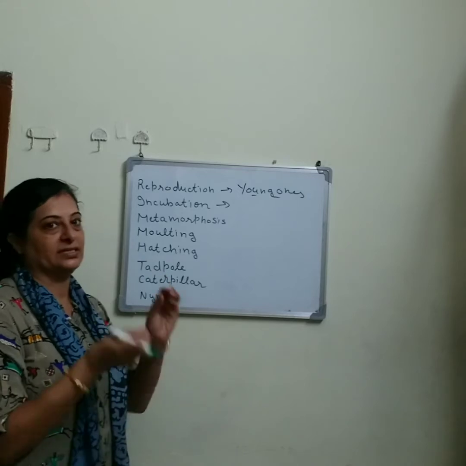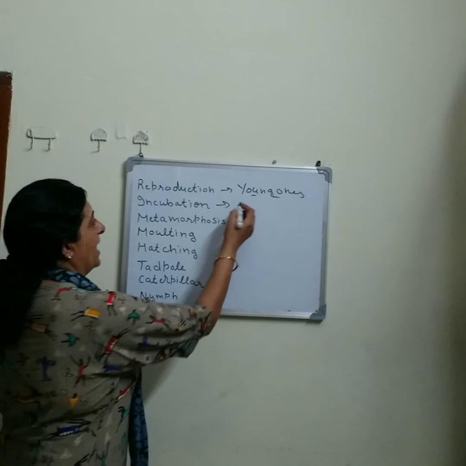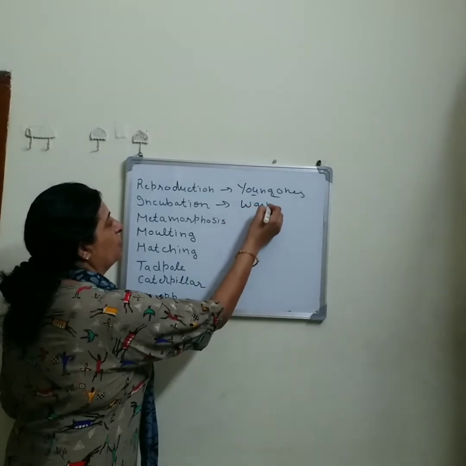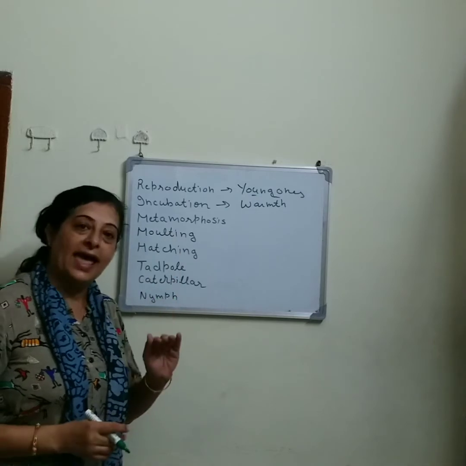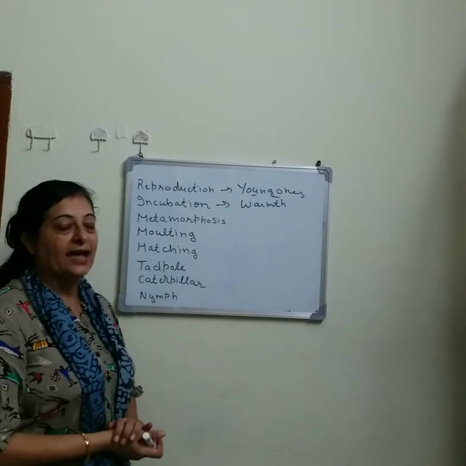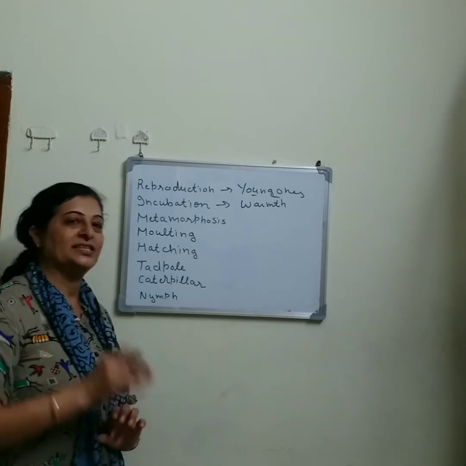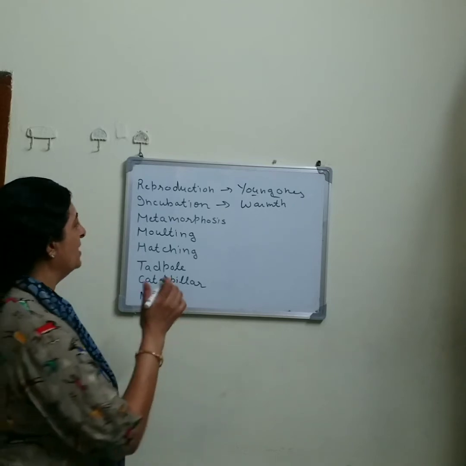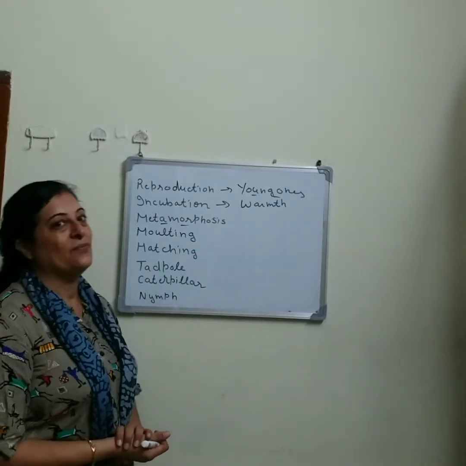This process of giving warmth to the baby inside the egg is known as incubation. For example, the hen sits on her eggs to give warmth to the young one inside the egg.